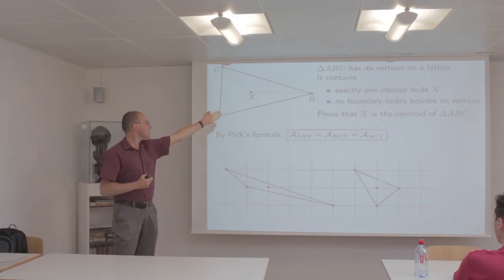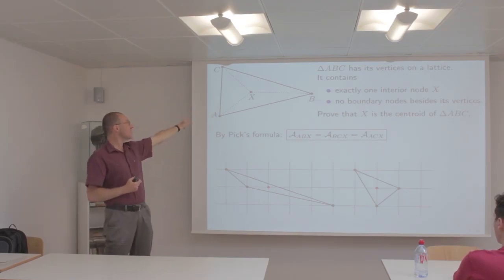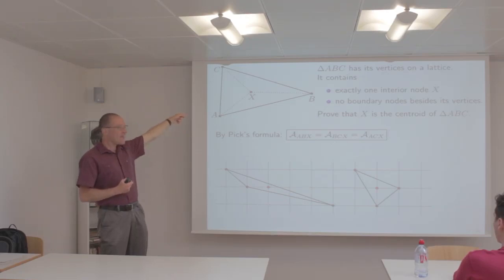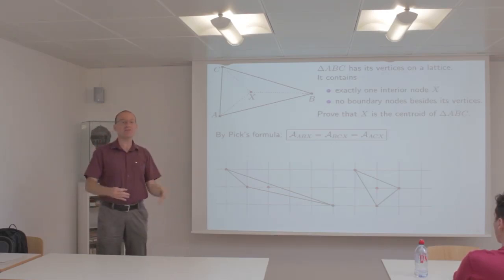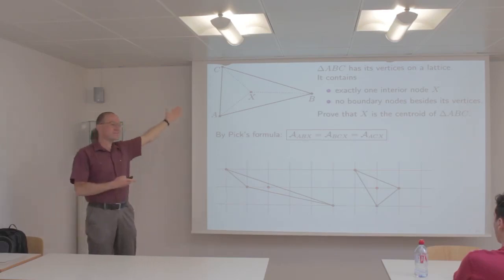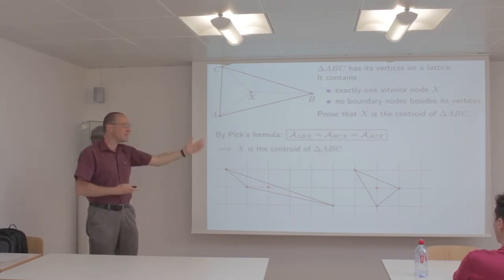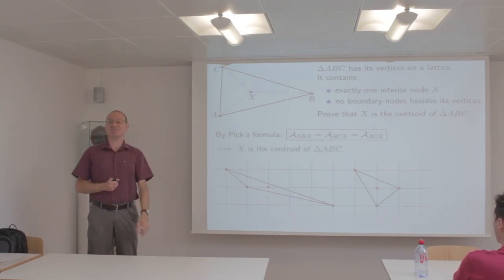Because all of these triangles, ABX, for example, contains only the 3 boundary points, the 3 vertices, and no further lattice points inside. And therefore, X divides triangle ABC, the triangle, into 3 triangles of the same area. There is only one point in a triangle which divides it into 3 triangles of equal areas. This is the centroid. Therefore, X is the centroid.